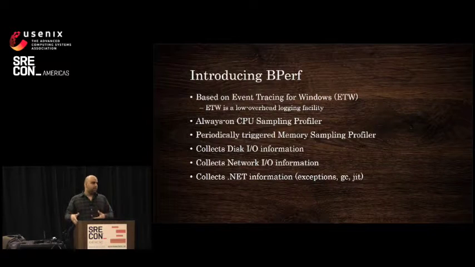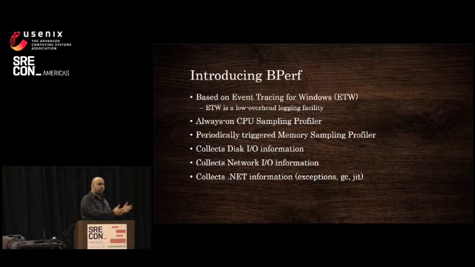Because we run on .NET for multiple reasons, including security, the fact that we take user input from customers, and then we might sometimes display that user information as search history. So running on .NET gives us security and also developer productivity. So having .NET information like exceptions that were thrown on the request, if a garbage collection was triggered, or whether this request was also impacted by JIT, these are important things that we look at.